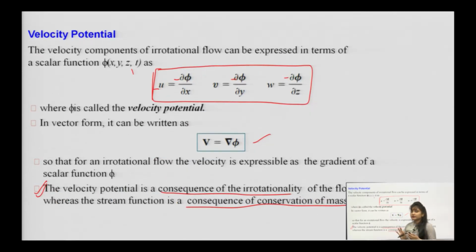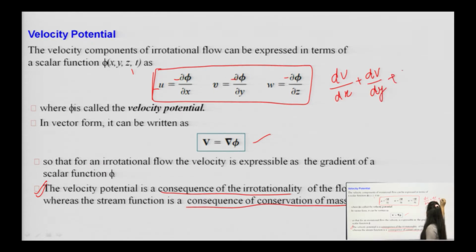Its existence will be valid only if it satisfies the continuity equation, and the continuity equation is nothing but the change in velocity in the x direction plus the change in velocity in the y direction plus the change in velocity in the z direction being equal to 0.